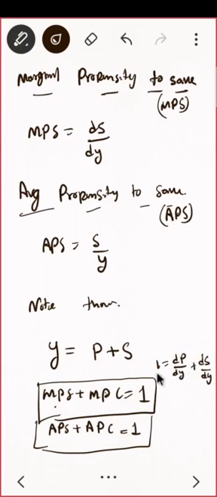So remember these two things, MPS plus MPC equal to 1, APS plus APC equal to 1. In some questions MPS is given and you have to find MPC, and in some APS is given and you have to find APC.